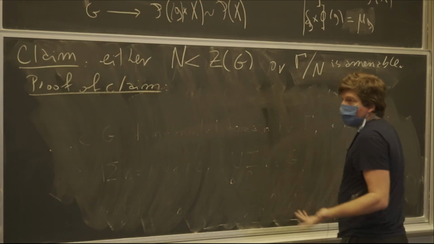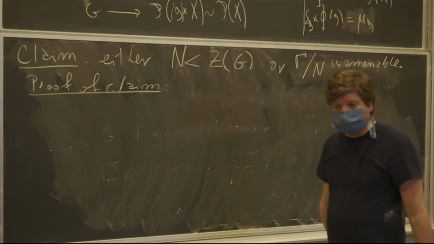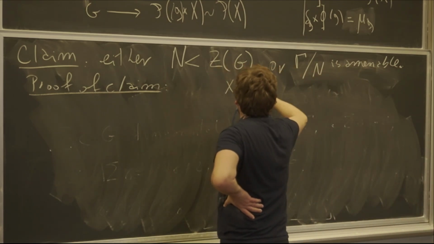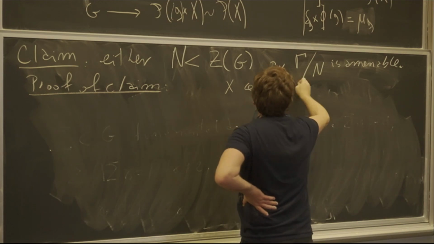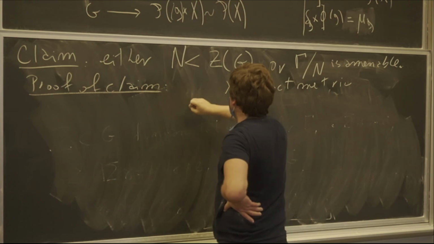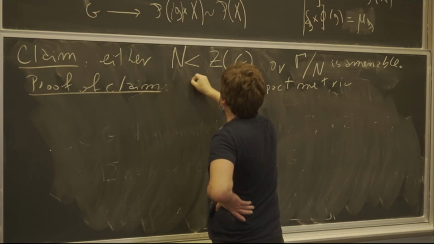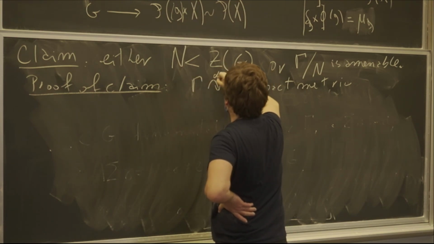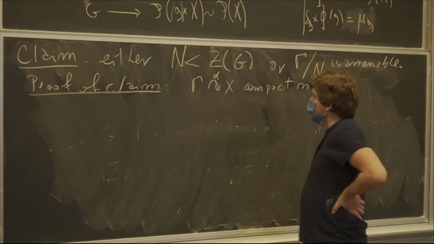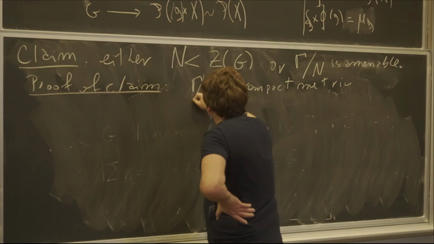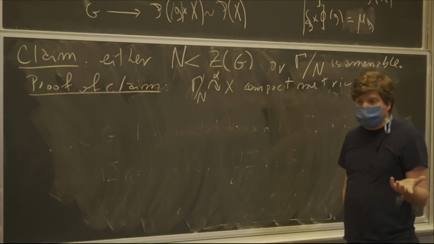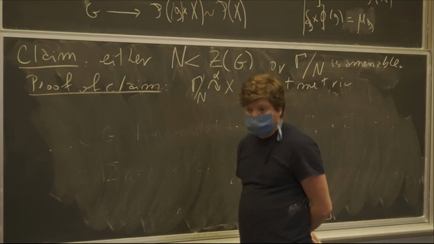Well, I prepared the whole business for the proof of the claim. We take X a compact metric space, with gamma mod N acting on it, and I want to build an invariant measure for this action.